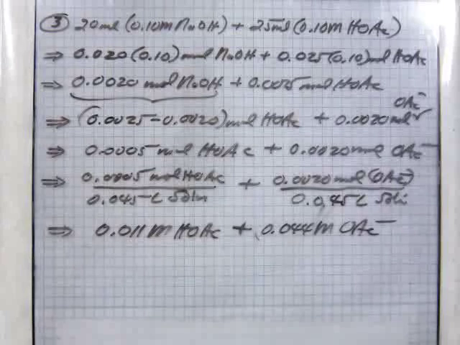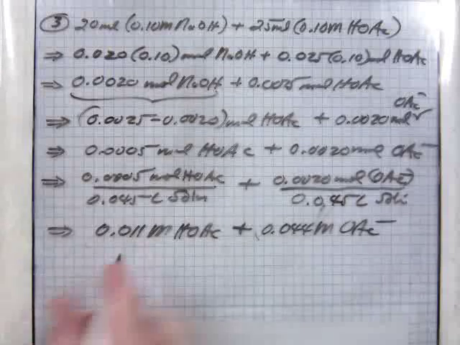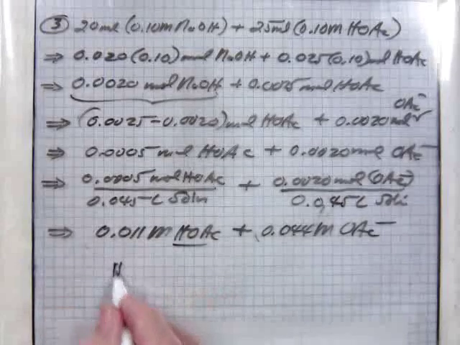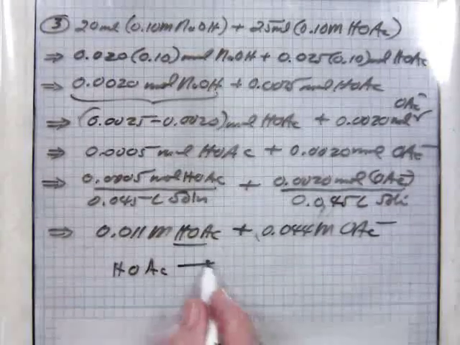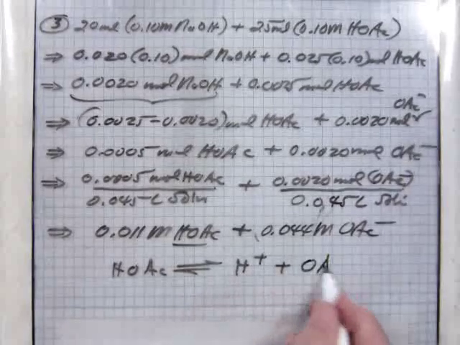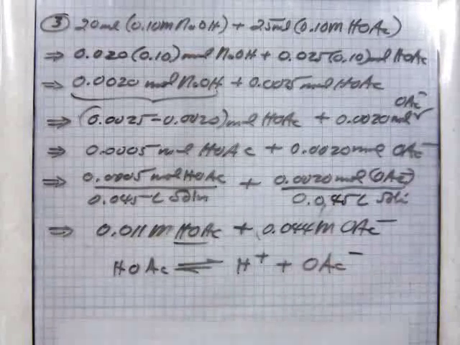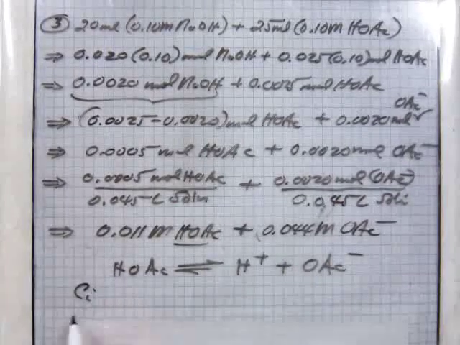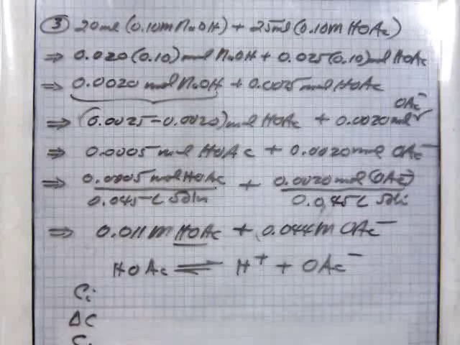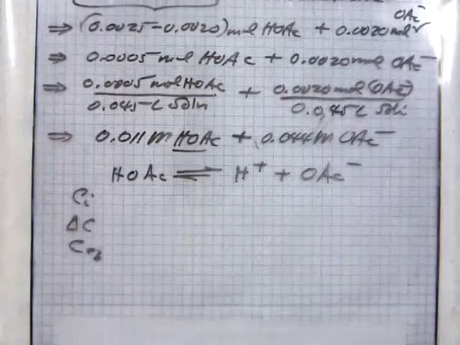Now, to get from here to the pH, you always set up the ICE table around the weak electrolyte ionization. So this is the one you want to set up the ICE table for and determine the hydronium ion concentration. So initial, change, and at equilibrium. Let me get it all on the page for you.